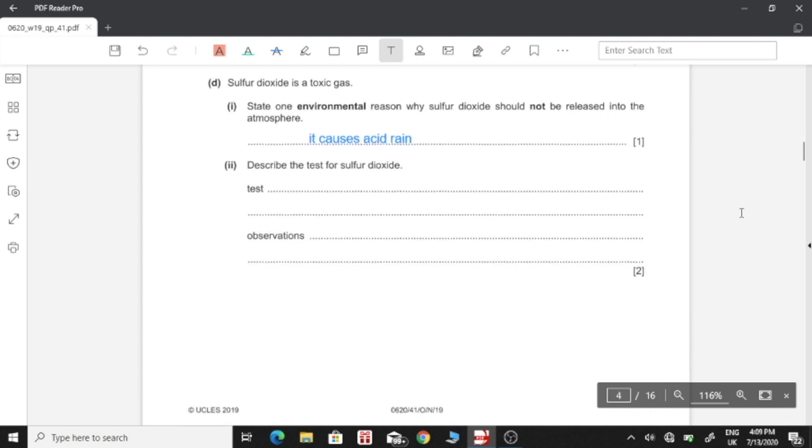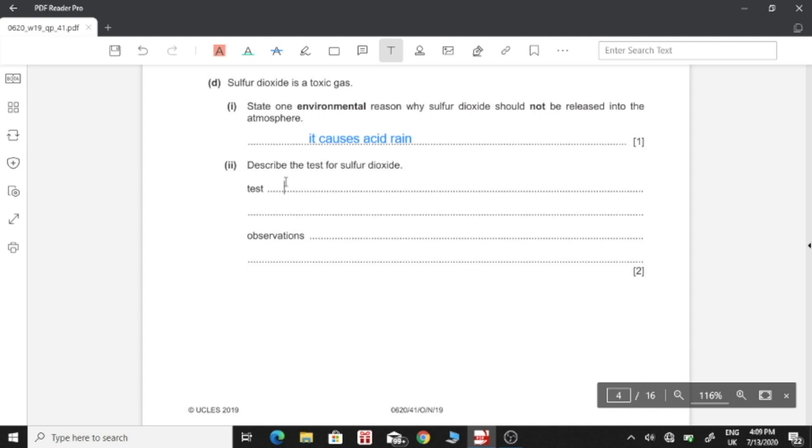And part 2, describe the test for sulfur dioxide. The test is, when this gas sulfur dioxide is bubbled into potassium manganate, the solution turns from purple to colorless. So we can use potassium manganate for the test. And the important part over here is mentioning the word aqueous potassium manganate.